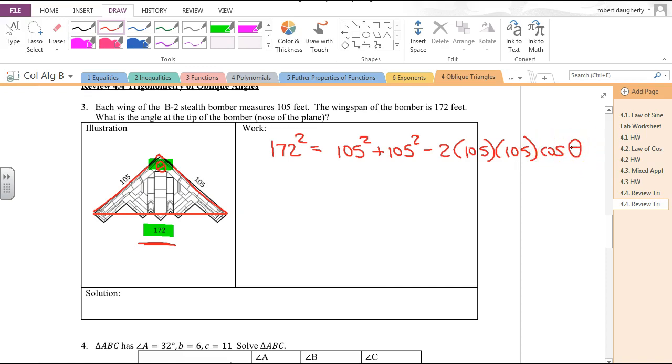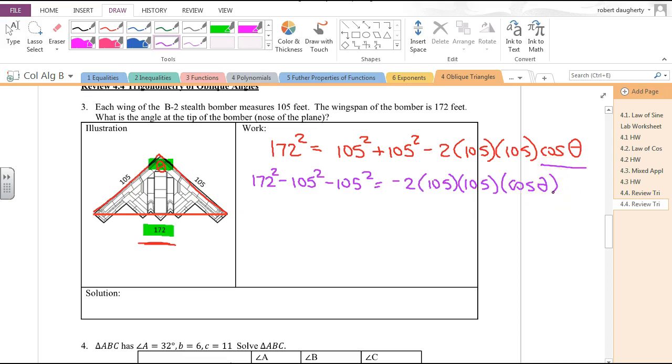That's just using straight up law of cosines. I've got to solve this for cosine of theta. So 172 squared minus 105 squared minus 105 squared equals negative 2 times 105 times 105 times the cosine of theta.